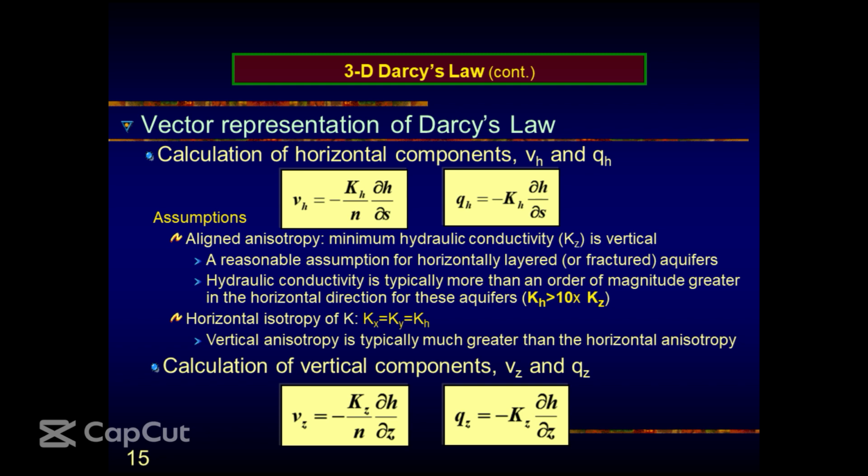But here we have some assumptions in which we say that we have aligned anisotropy, and by that, we have minimum hydraulic conductivity in the vertical direction. That's why we are considering the horizontal components, which means we have only 2D, the XY plane.